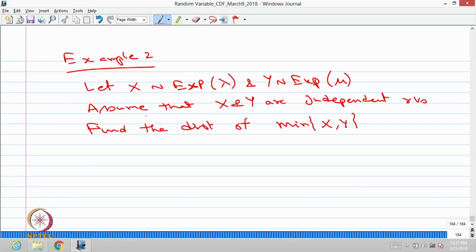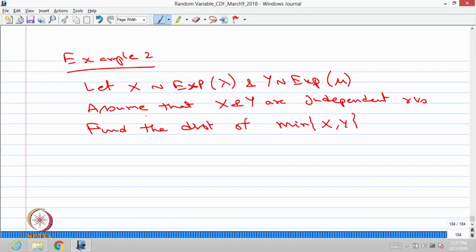I can use the previous theorem: get the joint distribution, then get the marginal distribution by applying the theorem. But I am not going to apply the theorem. Instead, I can easily find the minimum of two random variables without using it.